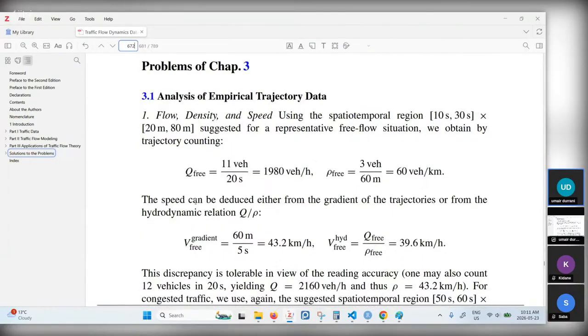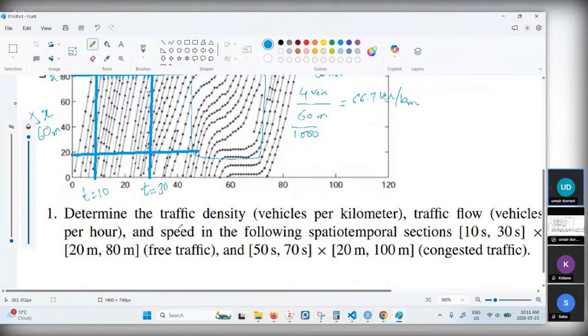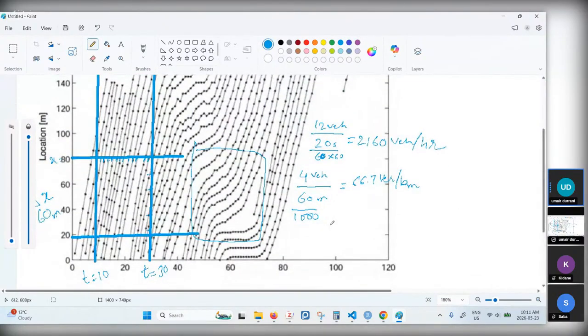It also estimates the speed. Yes, it also asks for speed in the following spatiotemporal sections. If you want to estimate speed, one way to do that is to look at the gradient of one of the trajectories.